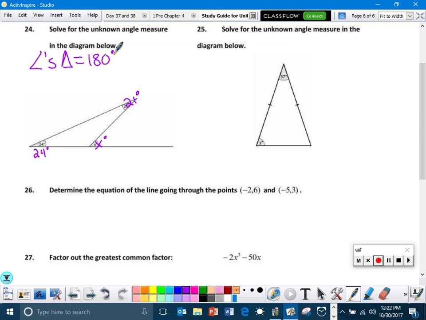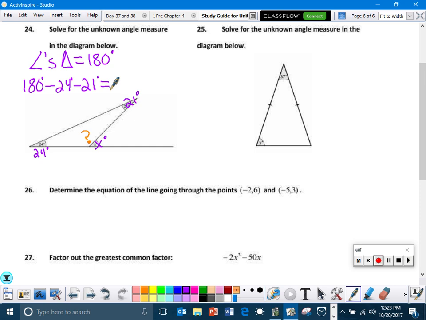Well, I'm going to find this missing angle first. And I notice that that angle is obtuse. Obtuse means more than 90 degrees. So I need to find out what that angle is. So what I'm going to do is I know the three angles add up to 180. So I'm going to take 180 minus the 24 degrees minus the 21 degrees, and that's going to give me the other angle.